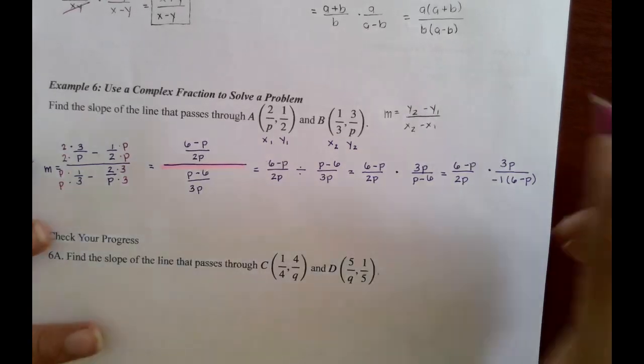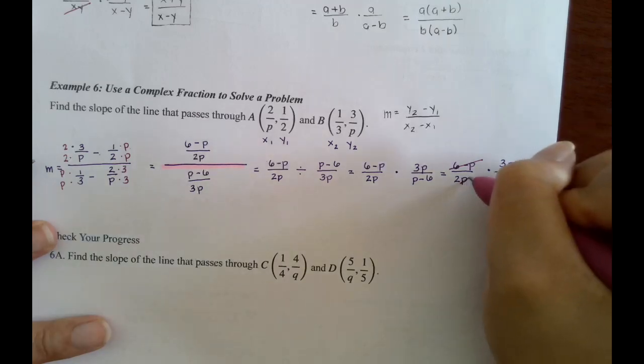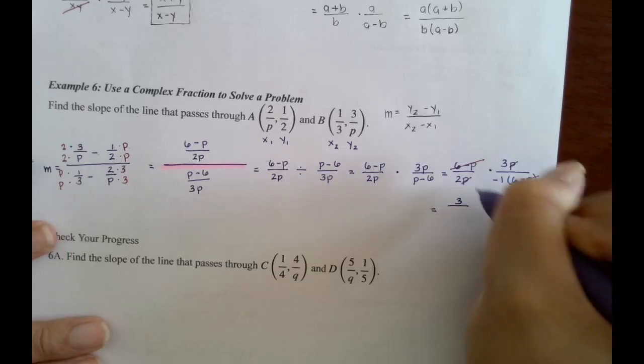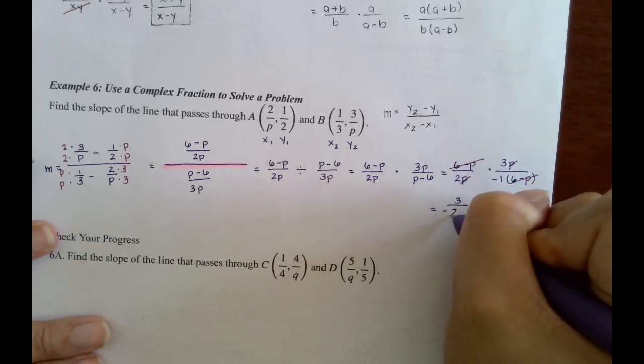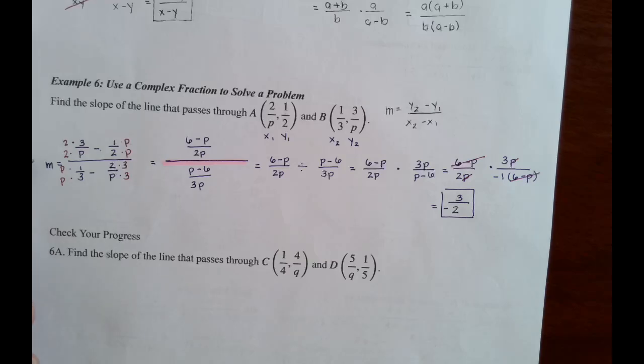Now it's easy to cancel. So this and this, p and p, and so then on top it's just 3, and the bottom 2 times -1 is -2, and so the slope is -3/2 here.